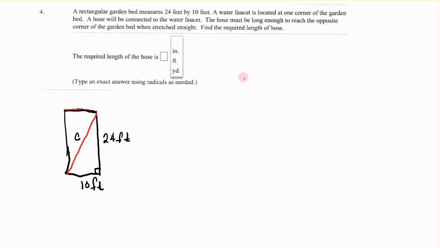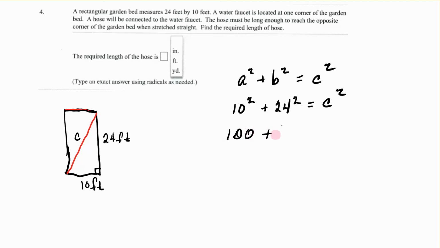So since a squared plus b squared equals c squared, you can do it in any order. 10 squared plus 24 squared equals c squared. 10 squared is 100. 24 squared, do it on my calculator, I get 576, and that is c squared.